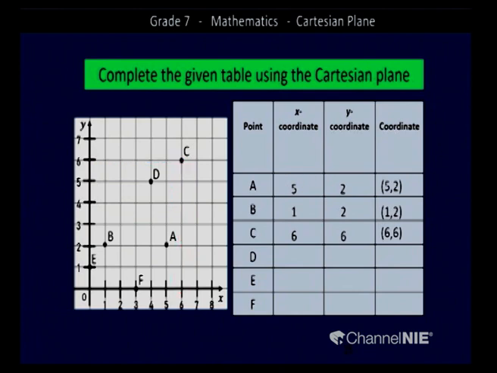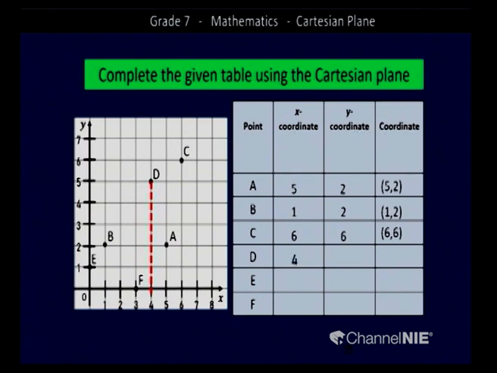Then we will move on to point D. Once again I am going to get the x coordinate of point D by drawing a perpendicular from point D to the x axis. So, the perpendicular goes to plus 4. Therefore, I can say the x coordinate of point D is equal to plus 4.